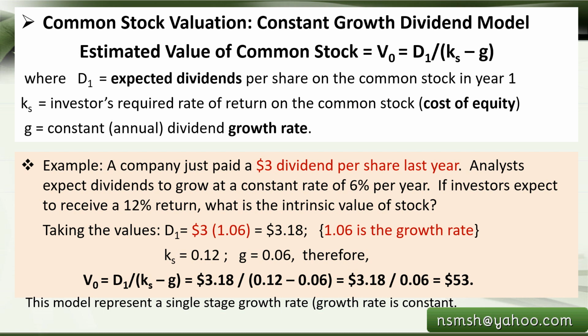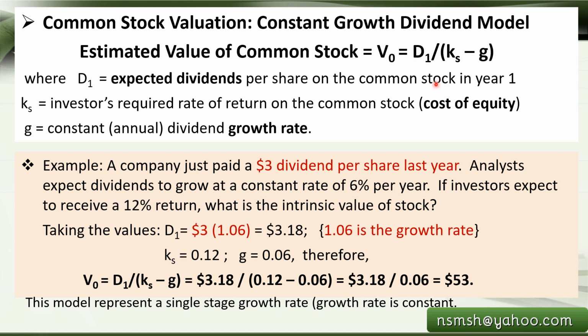we take $3 and multiply it by the growth factor, which is 1.06, so that we get $3.18. That amount is divided by the expected rate of return minus the growth rate.